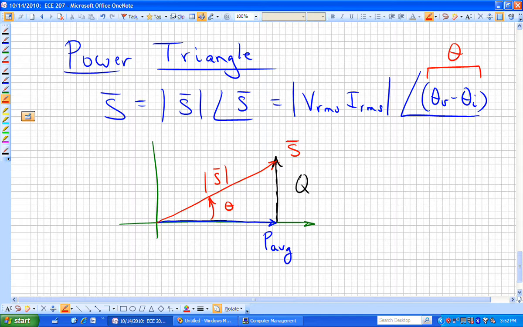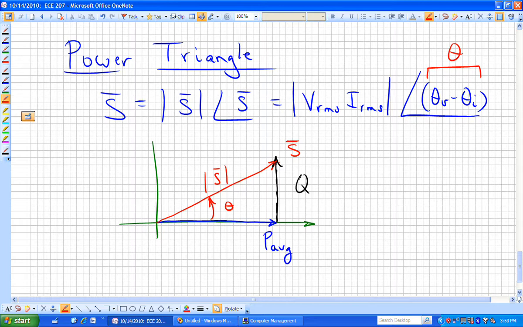Question? On the S bar, should that sit next to S, the phasor theta? I'm sorry? Should the phasor be theta or should it be S bar? So the question is, should the phasor be theta or S? You see the phase angle? So this angle is theta.